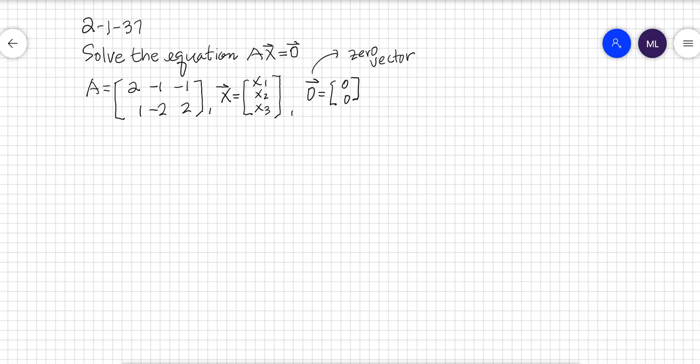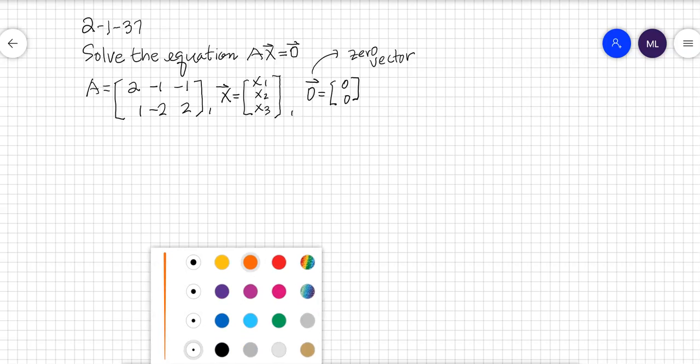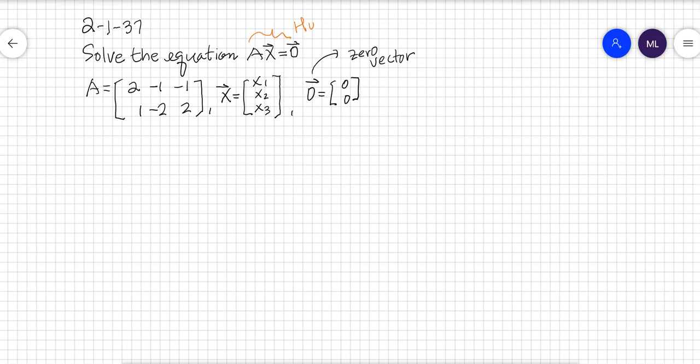This is exercise 2-1-37. They want you to solve this system of equations, but this is called a homogeneous equation. This is an example of a homogeneous equation, which has the formula Ax equals 0.